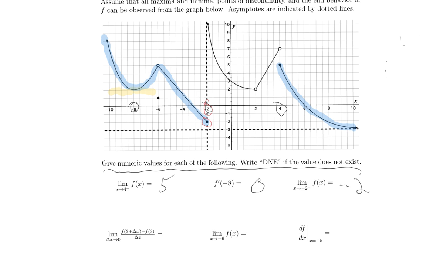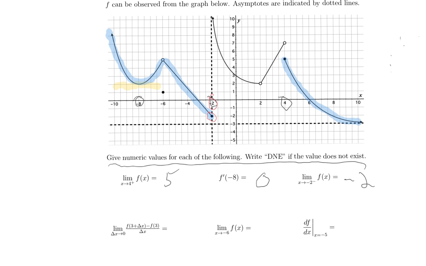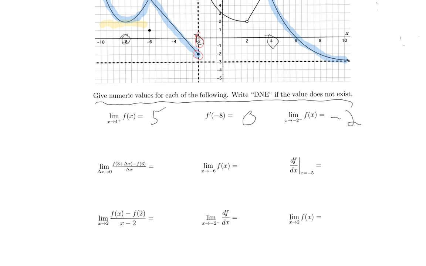Okay, next. Limit as delta x approaches 0 of f of 3 plus delta x minus f of 3 over delta x. If we see something looking like this, it should look familiar as the limit definition of the derivative.